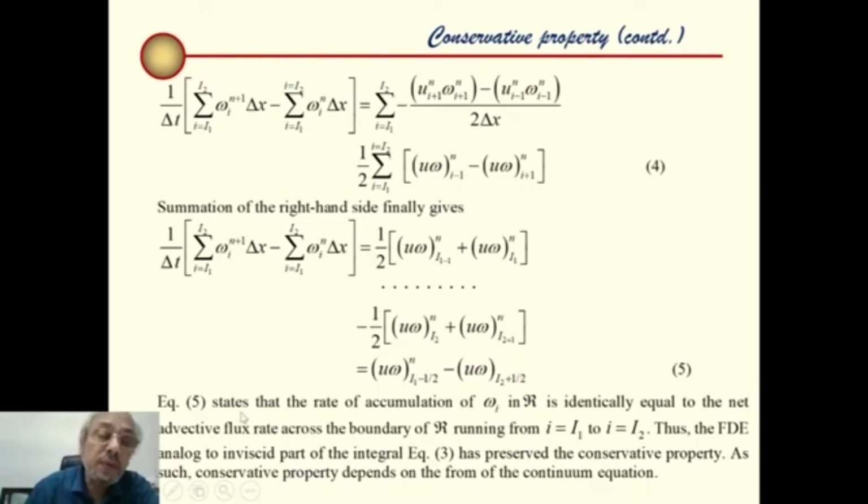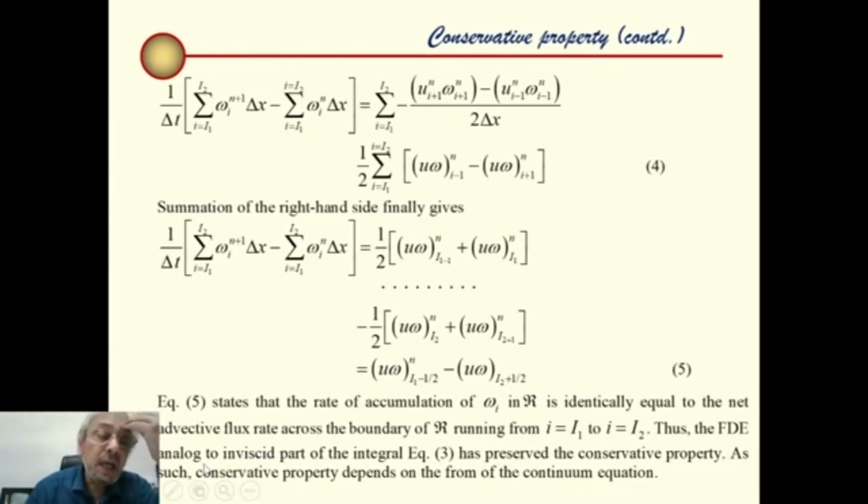So equation 5 states that the rate of accumulation of omega I in R is identically equal to the net advective flux rate across the boundary of R, running from I equal to I1 to small I equal to I2.